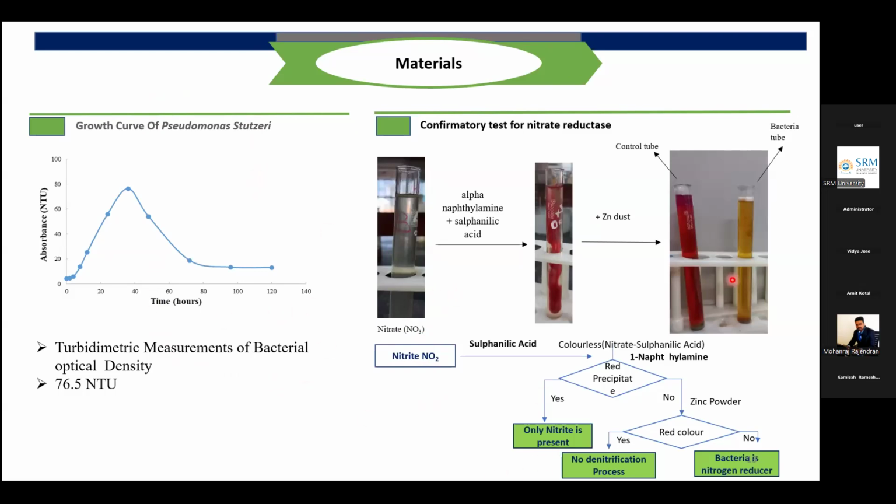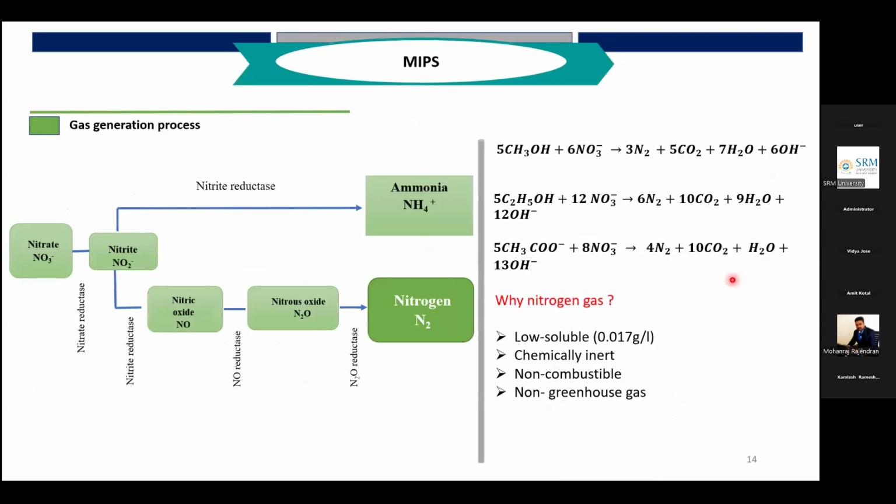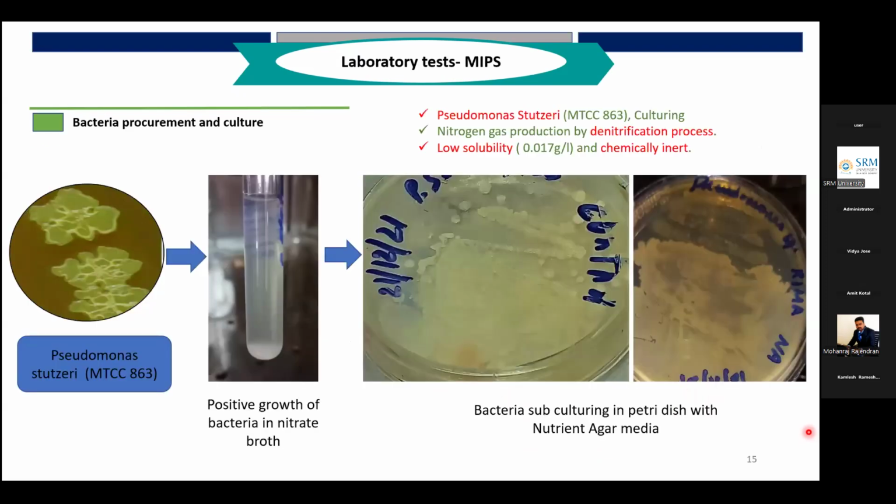We did a complete batch study of how this nitrogen is formed. This is a chemical process, and finally we get this nitrogen gas. Why nitrogen gas? It is low soluble, chemically inert, non-combustible and a non-greenhouse gas. So with a lot of advantages, we selected this particular gas.